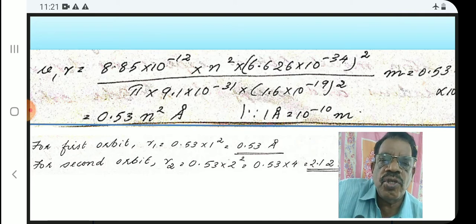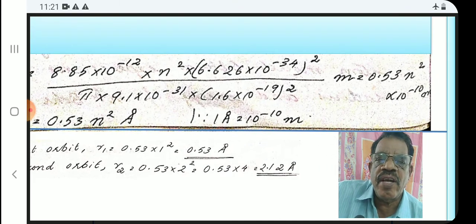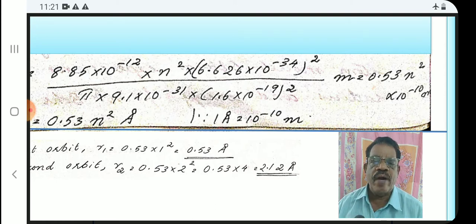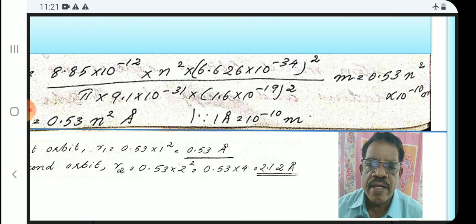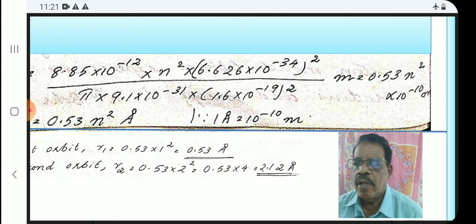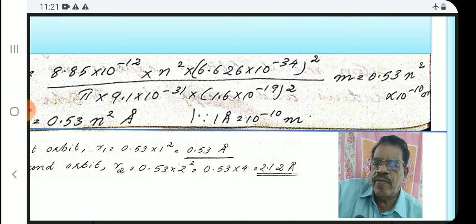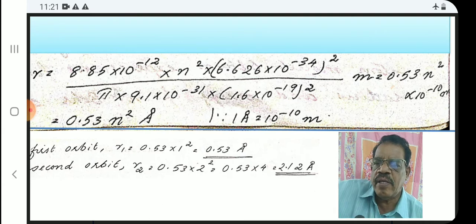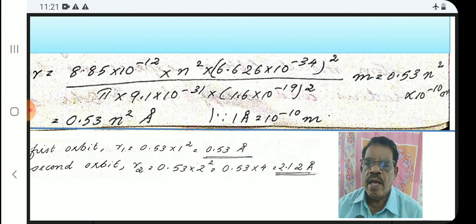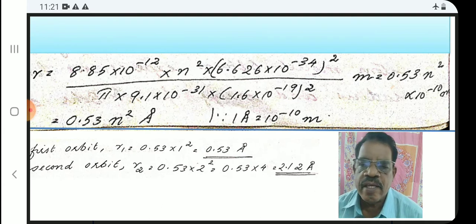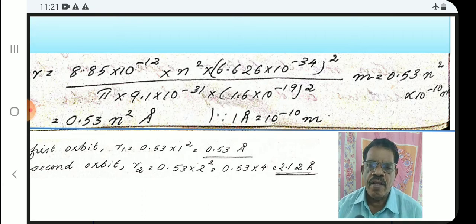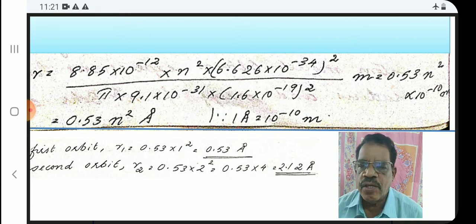On calculation we get 0.53 n square into 10 raised to minus 10 meter. 10 raised to minus 10 meter is an angstrom, so the radius of any orbit we can write as 0.53 n square angstrom. If we put n is 1, we get the first orbit radius, and if we put n is 2, we get the second orbit radius.